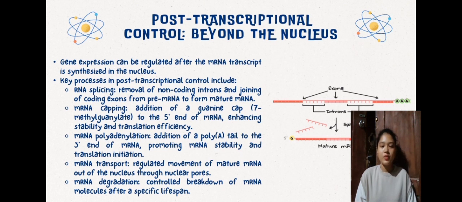This helps control protein production levels. By regulating these processes, the cell can fine-tune gene expression and ensure the right proteins are produced at the right time and in the right amounts. It's a complex but crucial step that allows cells to adapt to their environment and perform their specialized functions.